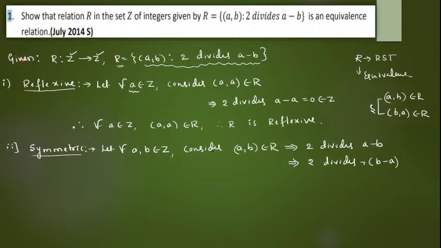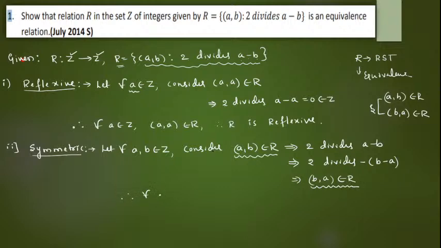So if 2 divides b minus a, read this sentence in reverse: if 2 divides b minus a, then definitely the ordered pair (b, a) belongs to R, right? So we have proved that if (a, b) belongs to R, then its reverse ordered pair (b, a) also belongs to R.